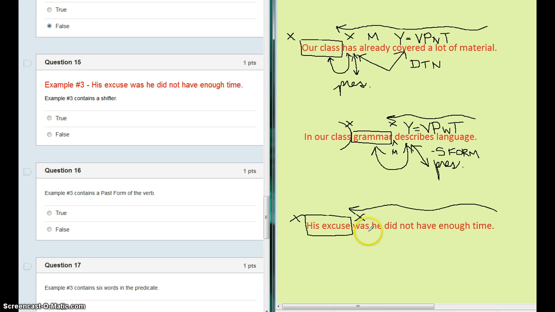Now, let's put in the M again because we have the room still. We haven't started marking up yet. So I could say his excuse was not, oh, that doesn't make sense. Maybe we could say his excuse was just he did not have enough time, or his excuse was always he did not have enough time, or his excuse was never he did not have enough time.